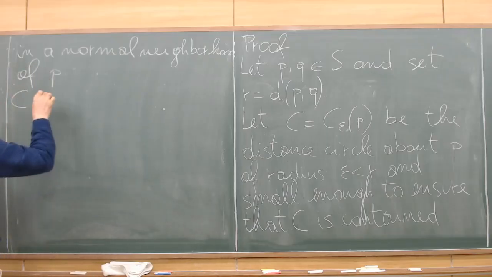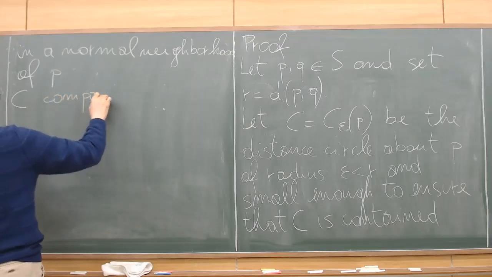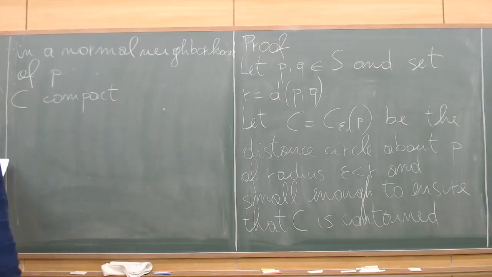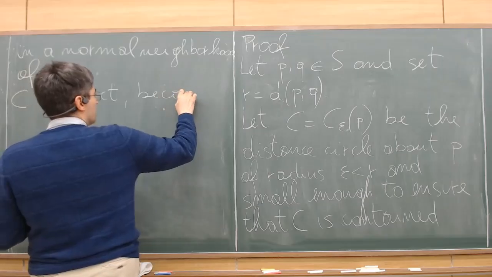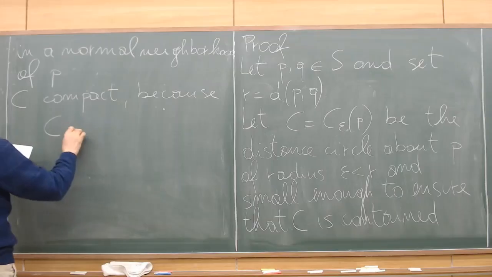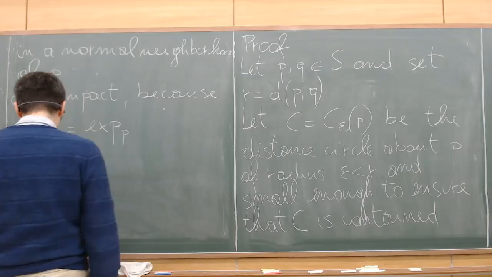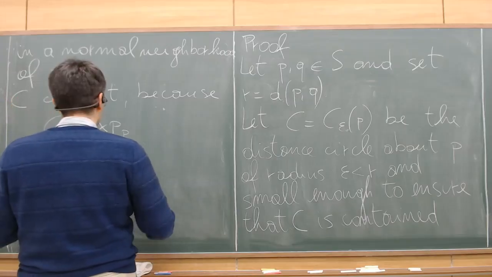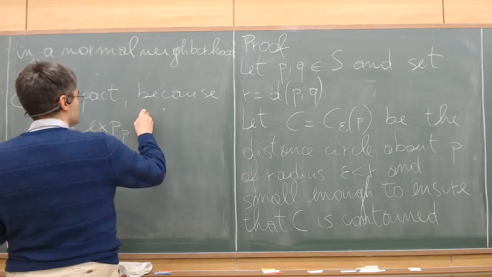C is a compact set because C can be seen as the image by the exponential map at P of a circle.